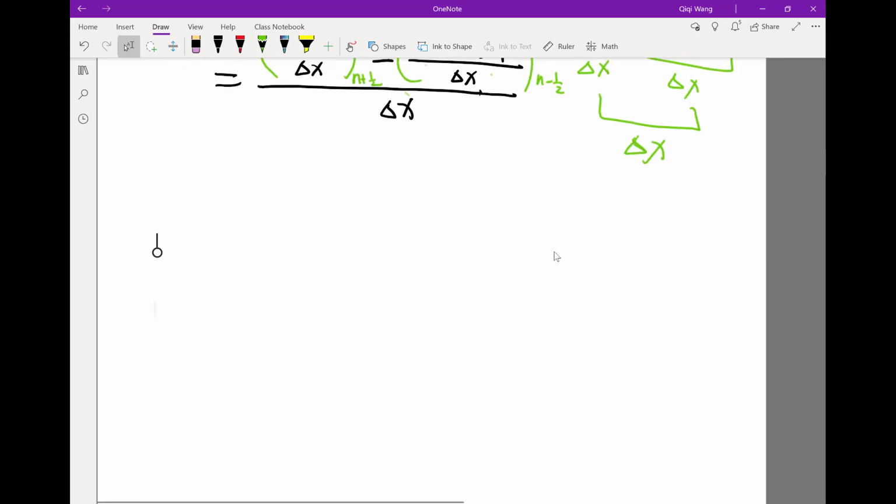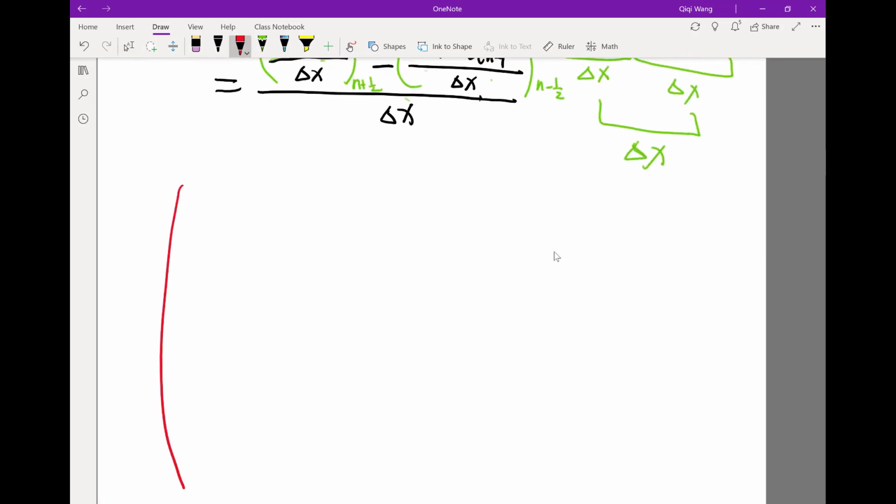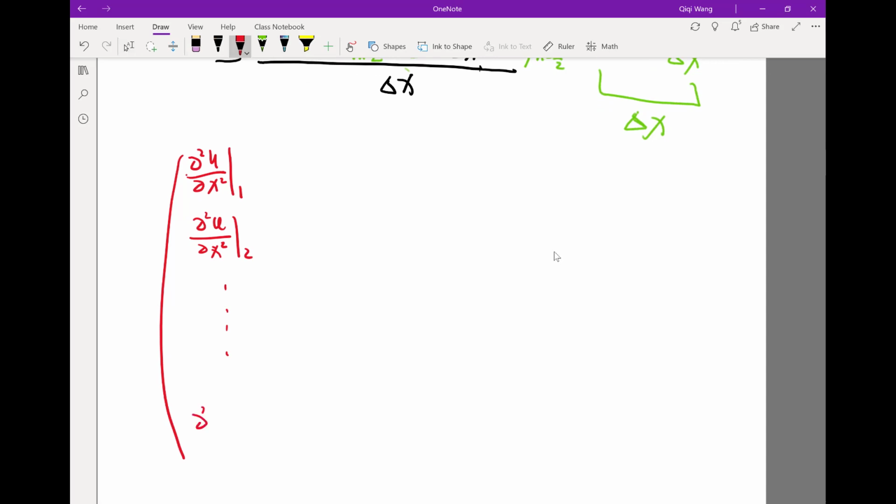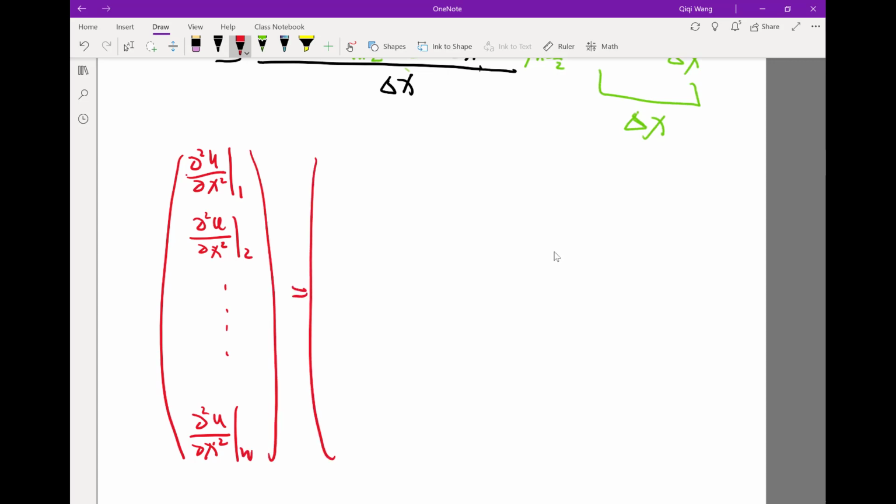That means if I have the second order derivative at the first grid point, my second order derivative at the second grid point, etc., up to the very last grid point, how can I write it as a matrix? What kind of matrix should that be if I want the result to be the matrix times u1, u2, etc. to un?